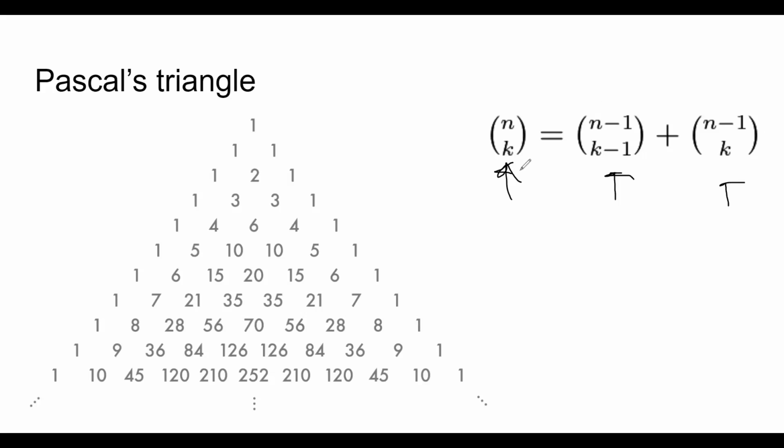So can you come up with a scenario or explanation as to how the sum of these two combinations can represent choosing k people out of a group of n?